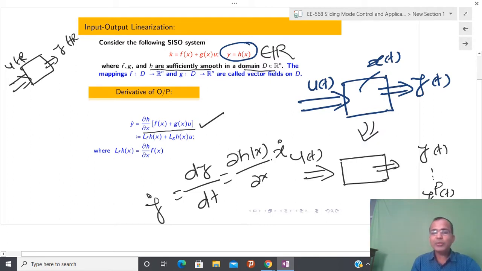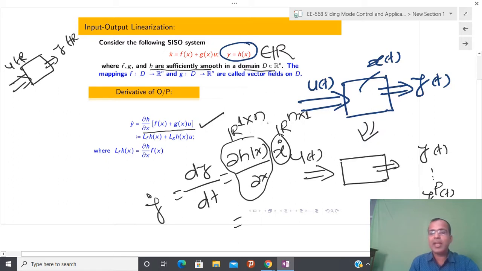Now try to look inside this quantity, ∂h/∂x. Is this a scalar or a vector? Vector, because x dot is also a vector, and the multiplication will be a scalar. So this is 1 cross n and n cross 1. Because we are assuming that h belongs to R, this is 1 cross n.